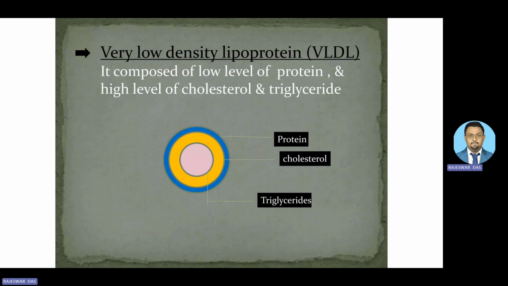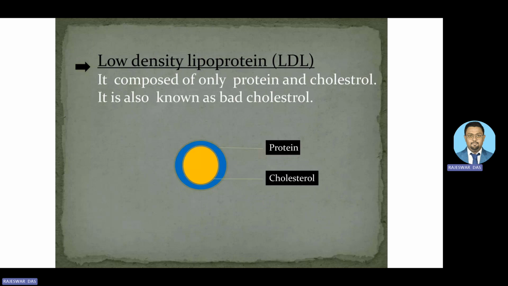Very low density lipoprotein, VLDL, is composed of a low level of protein and a high level of cholesterol and triglyceride. In our picture, the protein part is less compared to the cholesterol and the triglyceride. Now, the low density lipoprotein. It is composed of protein and cholesterol, and it is known as the bad cholesterol.